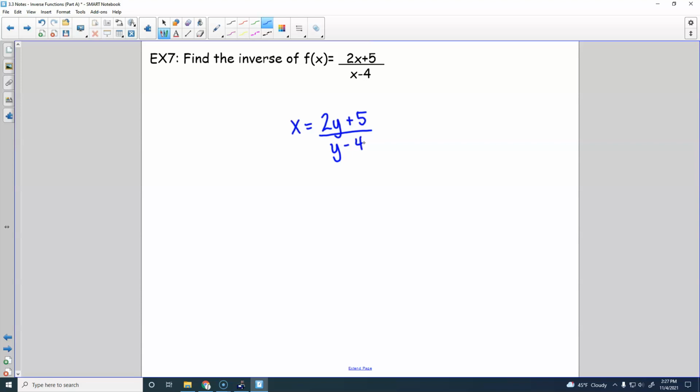Oh, wait, I remember. It was something like... Oh, I multiply the y somehow. Yeah, you've got to multiply the y minus 4 first. Oh, I got it. That's so good.